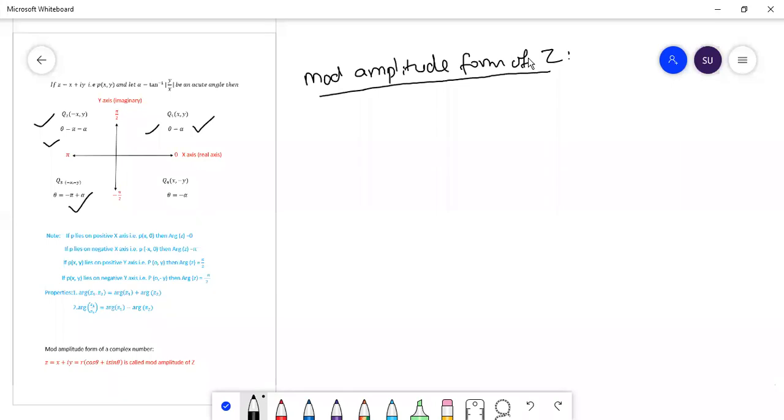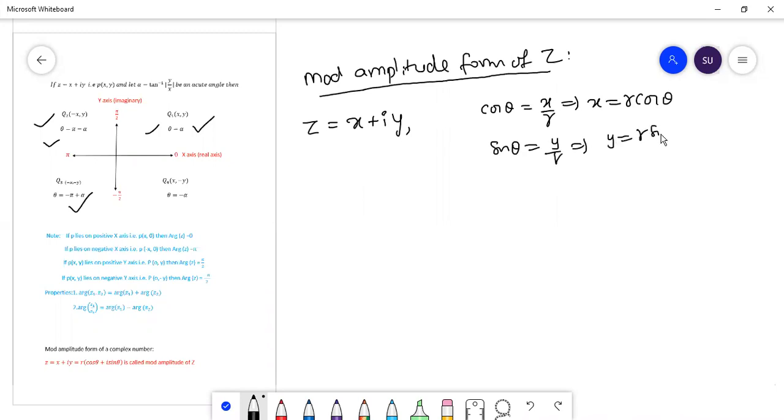Finally, the mod amplitude form of a complex number. If z is equal to x plus iy, and earlier we defined cos theta is equal to x by r, that implies x is equal to r cos theta. In the same way, sin theta is equal to y by r, so y is equal to r sin theta. Substitute those values here. Z is equal to r cos theta plus i times r sin theta.